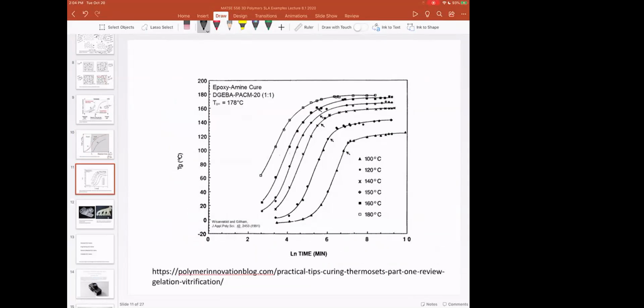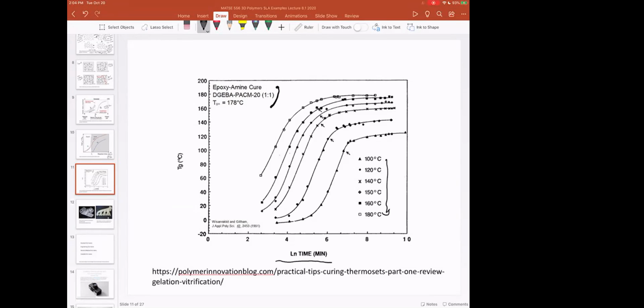And so this is just showing again how these working curves occur. And even though this is slow, this is an epoxy, so this is natural log of time in minutes, so that's a long time. And this is an epoxy amine cure, which is a thermoset at different temperatures.